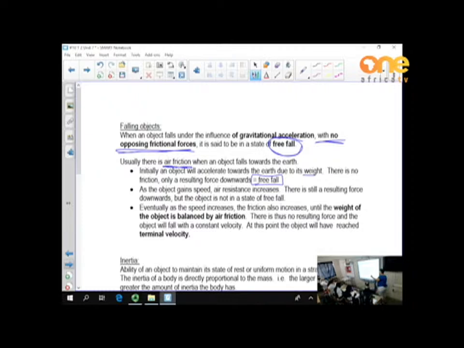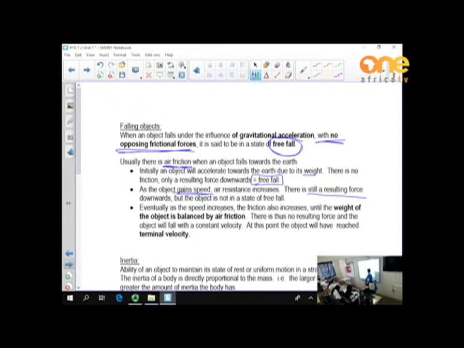But as you go faster and faster, in other words, as you gain speed, we find that the resistance, the friction, increases. All right? There is still a resulting force making you go faster and faster, but the value for the acceleration becomes less and less until eventually the acceleration is zero.